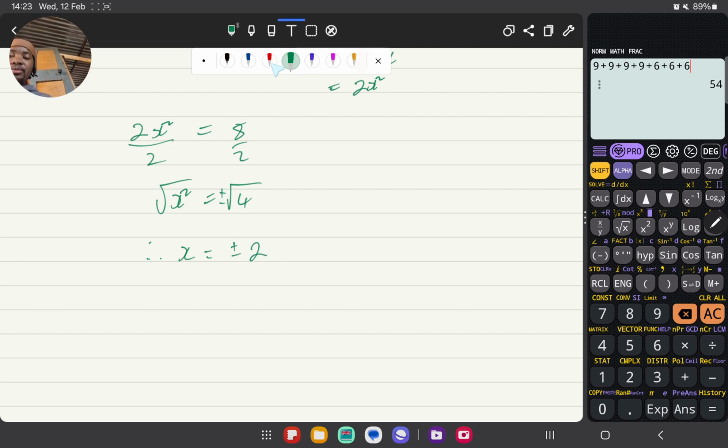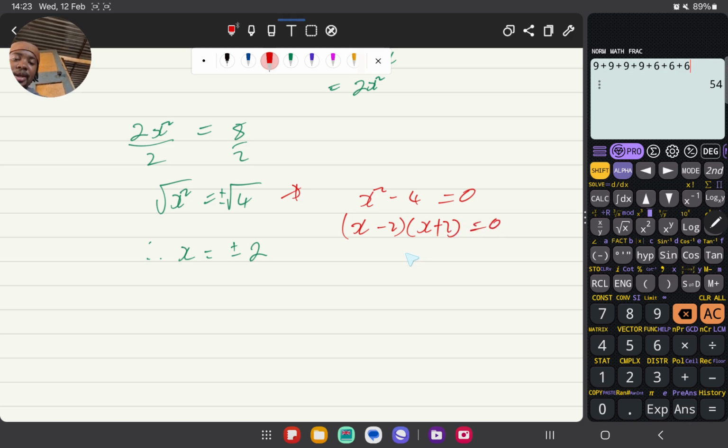2. One person was maybe gonna say x squared minus 4 equals 0, and then that's x minus 2, x plus 2 equals 0, and they will end up with x being minus 2, or x being 2, right?